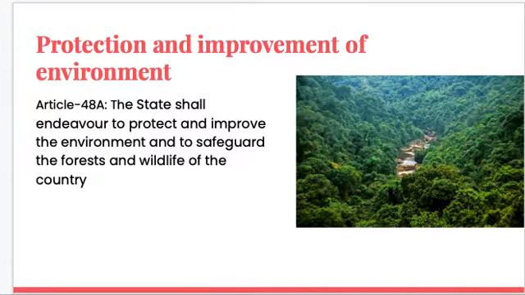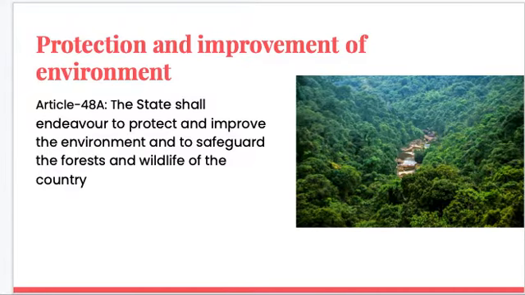So, firstly, it is a directive to the state for protection and improvement of environment. It also imposes a twofold duty on the state: firstly to provide protection, secondly to improve the environment. The first part is to protect the environment; whatever environmental diversity, biodiversity that we currently have has to be protected.